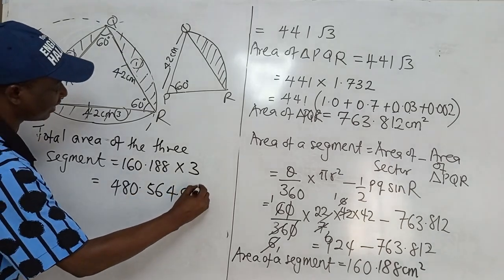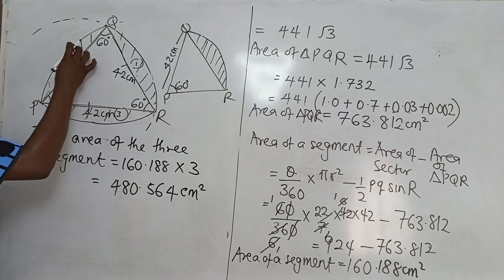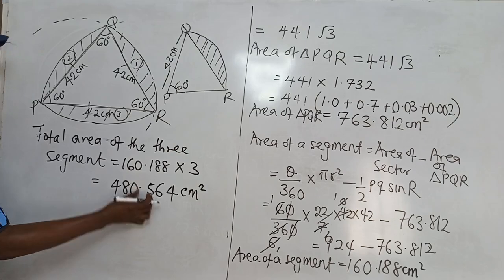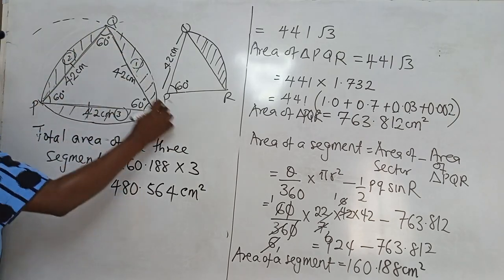Now this is the total. We have gotten this segment, this and this to be 480.564, and we have gotten the area of this triangle to be this.